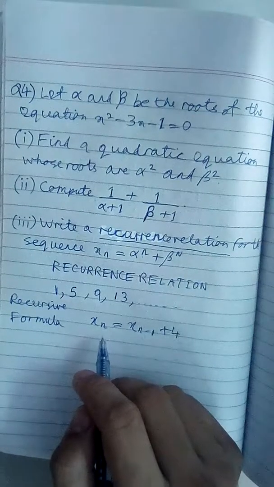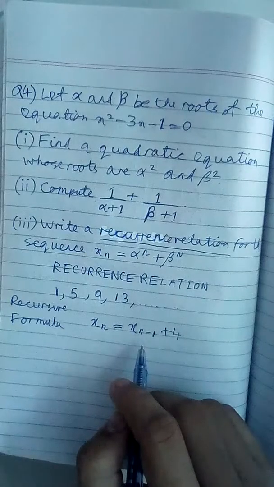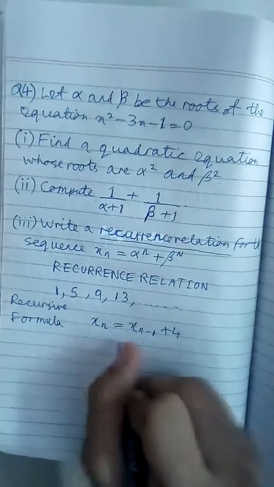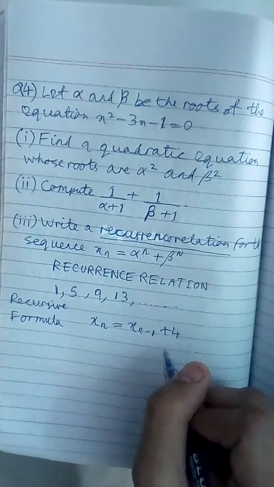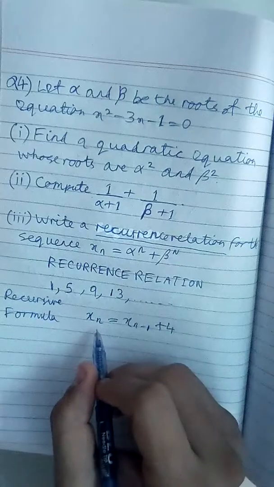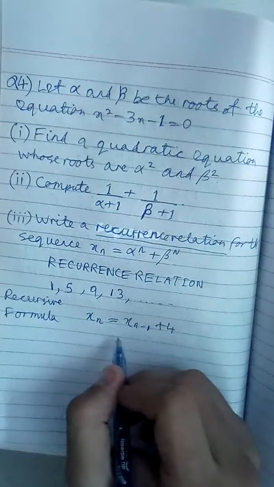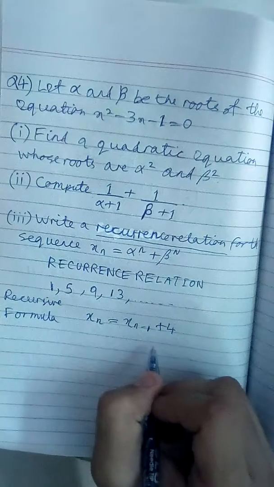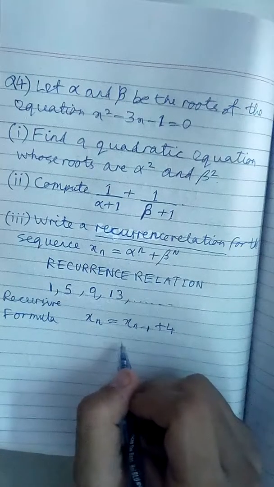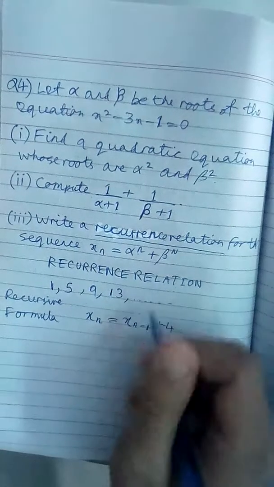The next term should be expressed in terms of its previous terms, and the first term should be stated. Or if we are expressing the next term as a sum of the two previous terms, the first two values of the sequence should be stated, and so on.